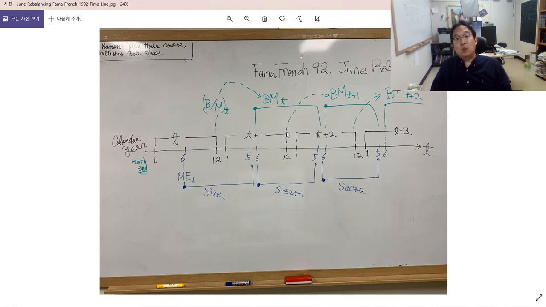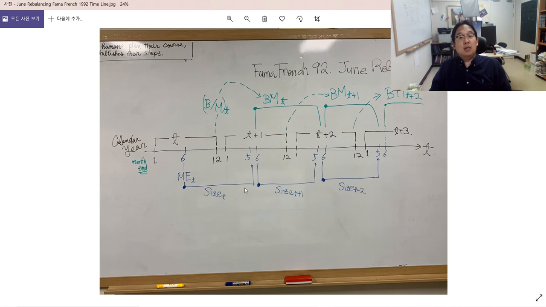That's unobservable because of auditing. That's why I use a dashed line, 점선, over here, and again time and time again. We just give them enough time, like 6 months. Just remember June rebalancing, simple and easy.